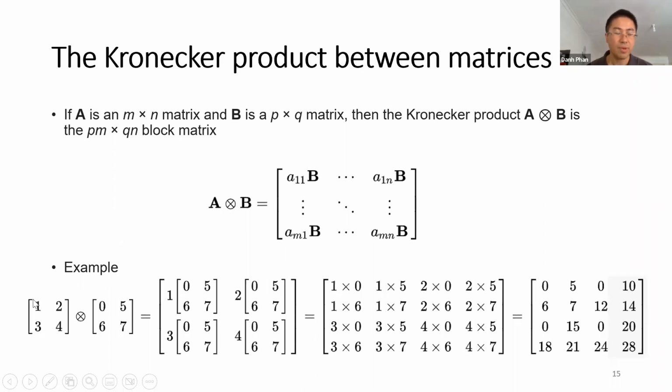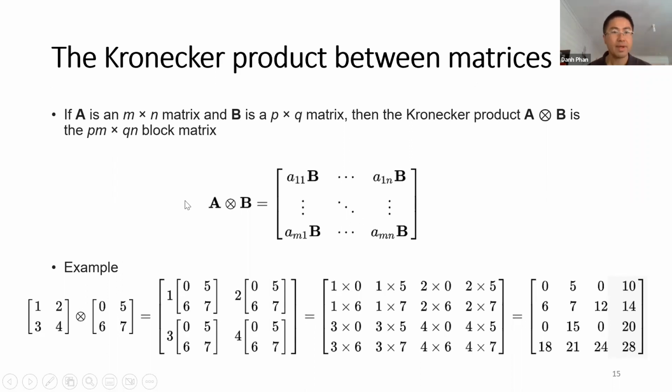For example here, if we have this matrix and we take the Kronecker product with this matrix, what we're doing, we get each element here 1, 2, 3, 4 multiplied with this matrix. So we have 1 multiplied with the matrix, 2 multiplied with the matrix, etc. Right? 3, 4 with the matrix, and then we multiply this one with each element inside that matrix. And then we form a bigger matrix here.